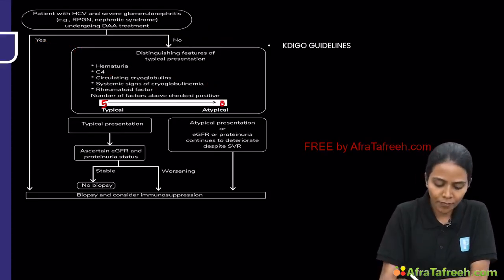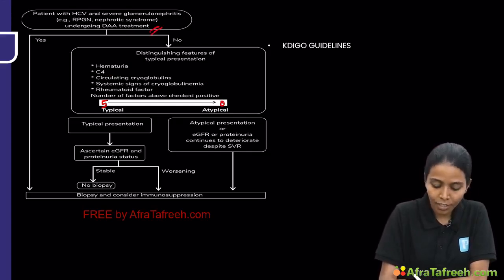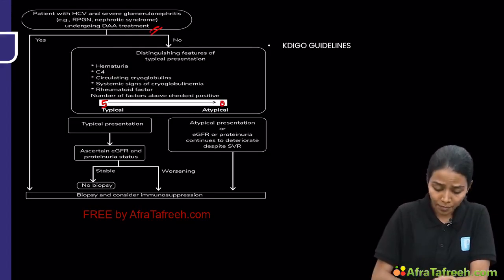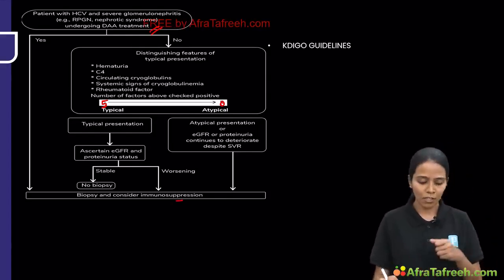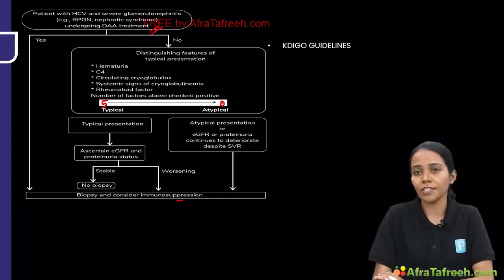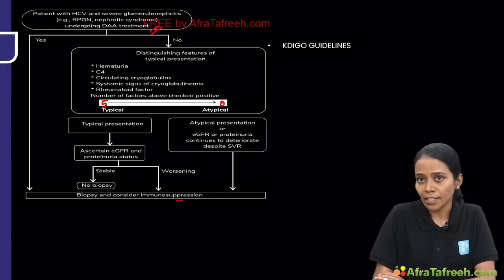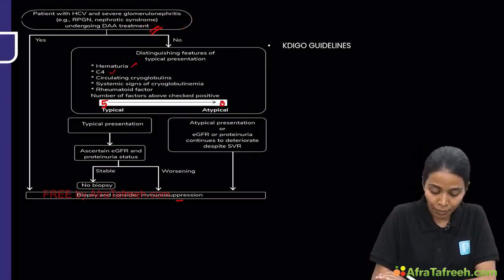If it is 0, it is typical presentation. So you see first if patient is already having HCV and taking treatment for DAA. Okay, if they're taking treatment, then patient is improving, don't do anything. If patient is not improving, then you have to consider biopsy and immunosuppression. Now you see distinguishing features that can help you in suggesting HCV associated glomerulonephritis like hematuria, reduced C4 levels, cryoglobulins, both in the blood and systemic feature, rheumatoid factor.